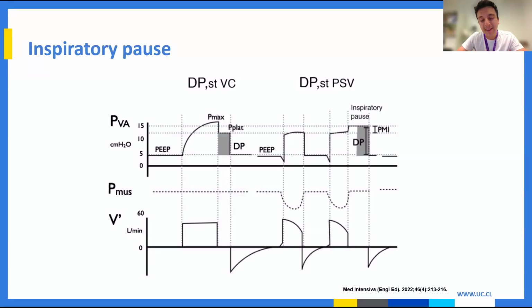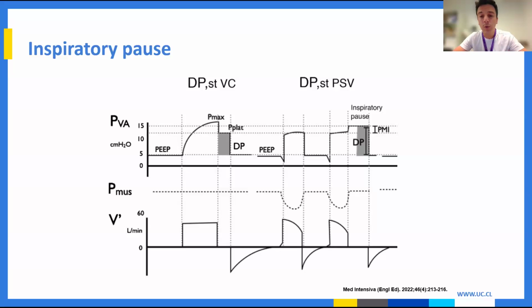This is because the relaxation of the inspiratory muscle will be reflected in the airway pressure. So it is important to keep in mind that highly likely when you have an effort and you use a plateau pressure or inspiratory hold, this will be higher than the maximum inspiratory pressure.